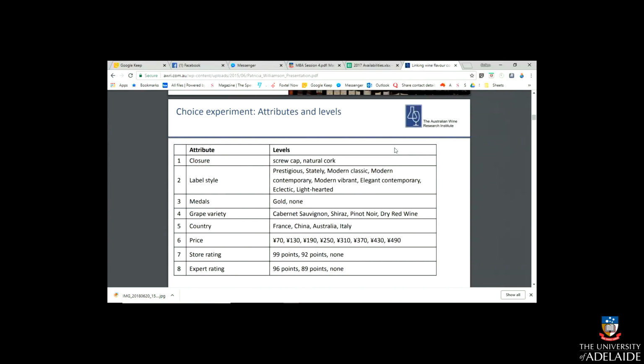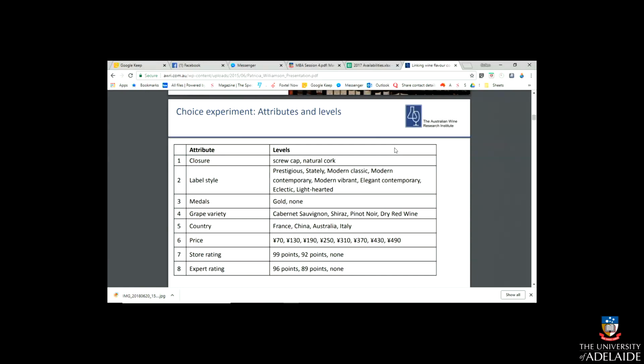Closure, label style, medals, grape variety, country, price, store rating, expert rating. And then it does get a bit technical here. They manipulate these variables into, you know, a screw cap that's stately, that's got no medal, and is a Shiraz, a combination of attributes, and then ask them to choose which one they think they would buy.